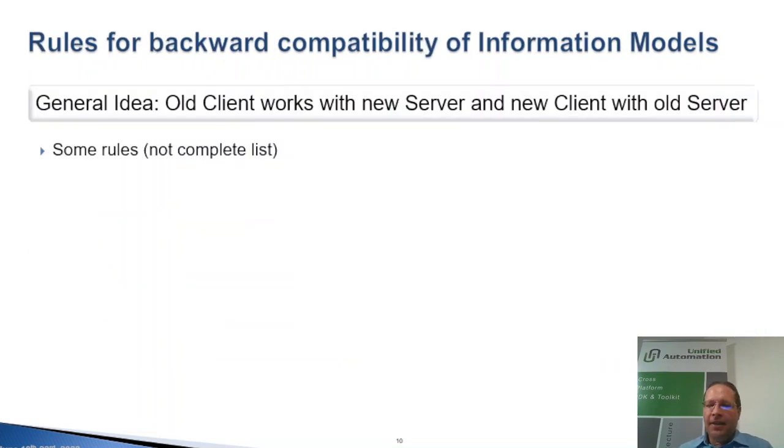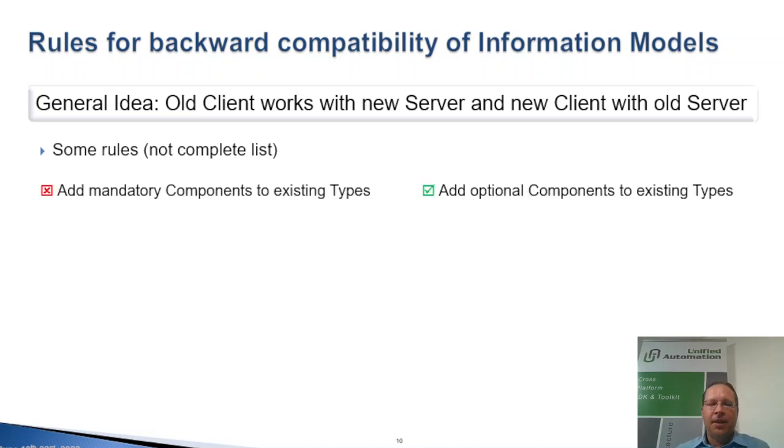And finally, I want to talk about the backward compatibility of information models. For backward compatibility, the general idea is that an old client should work with a new server, and a new client with an old server. Therefore, we have some rules.